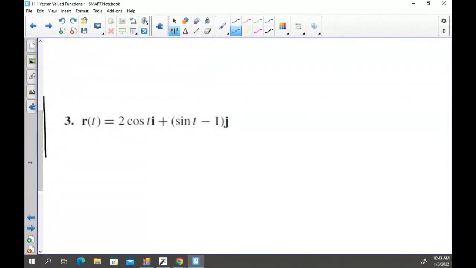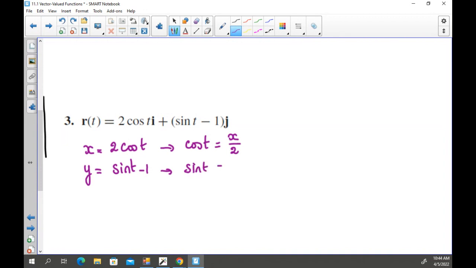The second one, I will do this one also. x is 2 cosine t, and y is sine t minus 1. So the way we do this is always to get cosine from one equation. Cosine will be x over 2, and the sine here will be y plus 1.